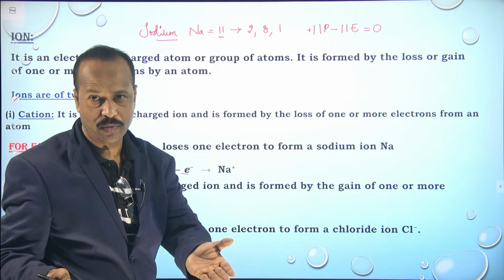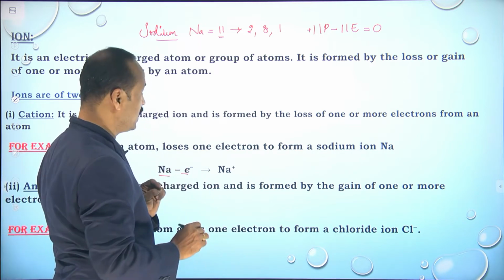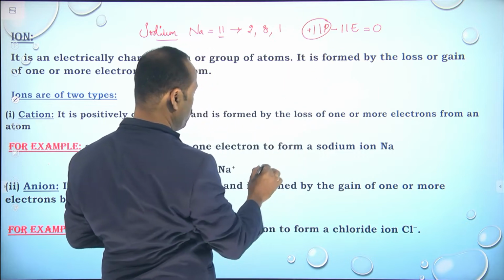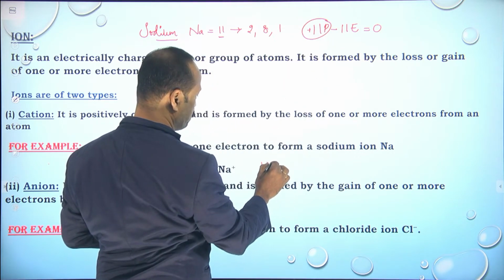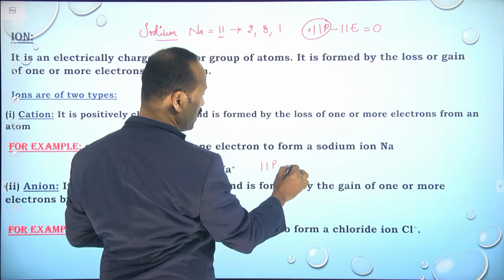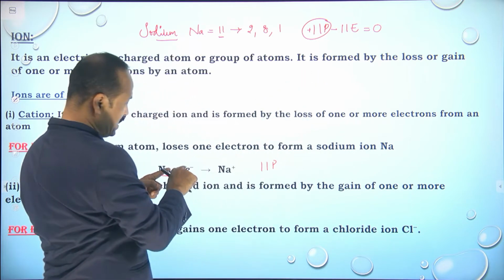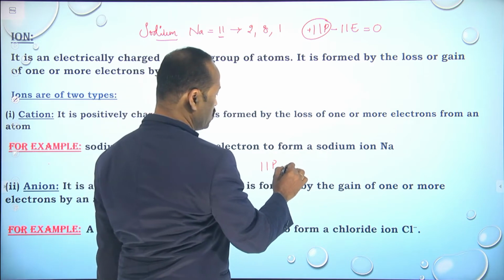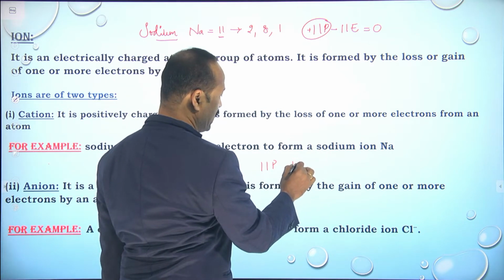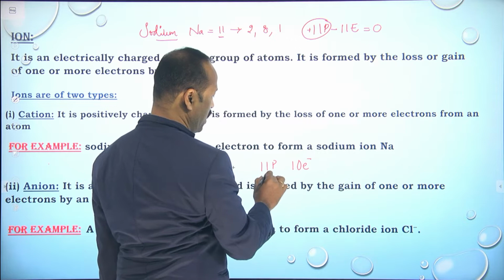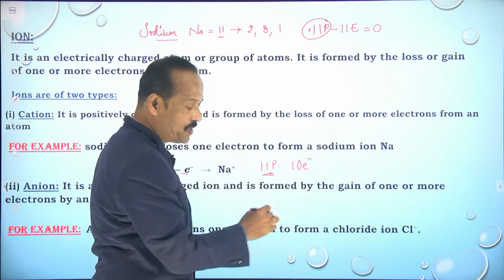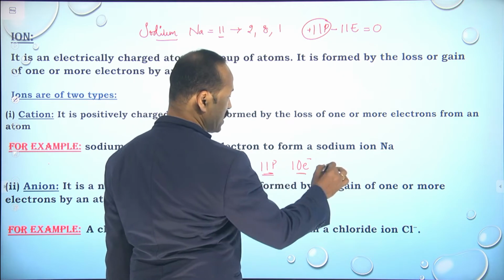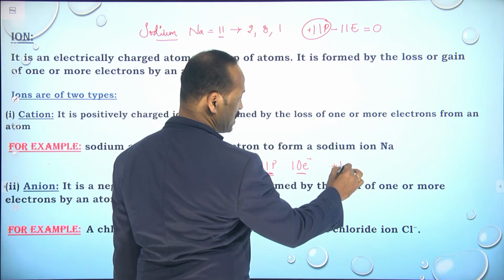It has 11 protons, and 11 electrons were there, but it gives one electron, so only 10 electrons are left. The number of protons is 11, electrons 10. Protons carry positive charge, so plus 11.